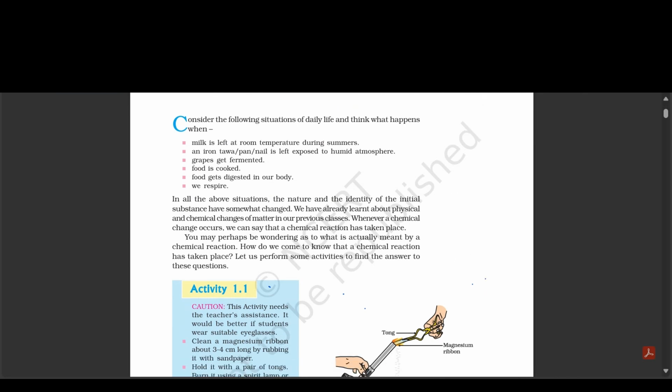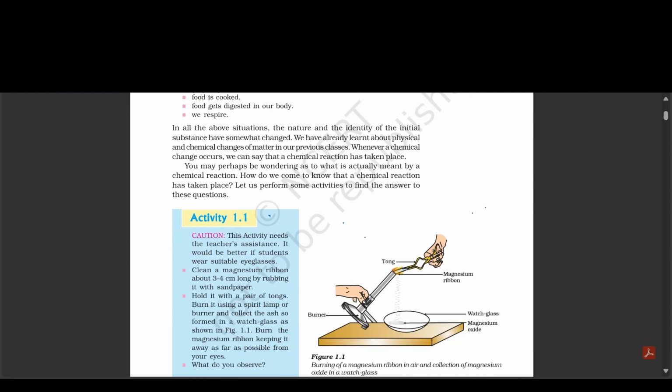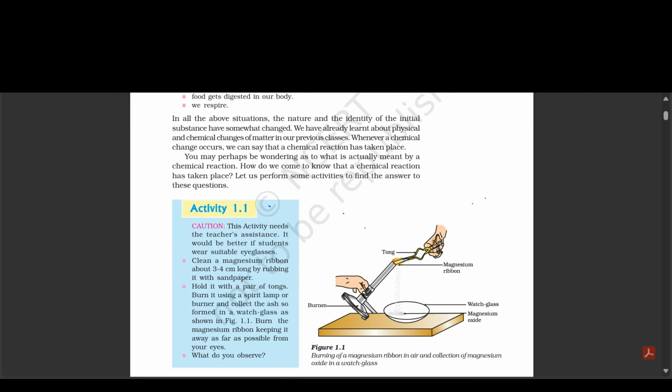Fine. And now we start with the main chapter. Suppose you take a magnesium ribbon, and you hold it with the help of a tongs and burn it on a Bunsen burner. First of all, you will observe a dazzling white flame.